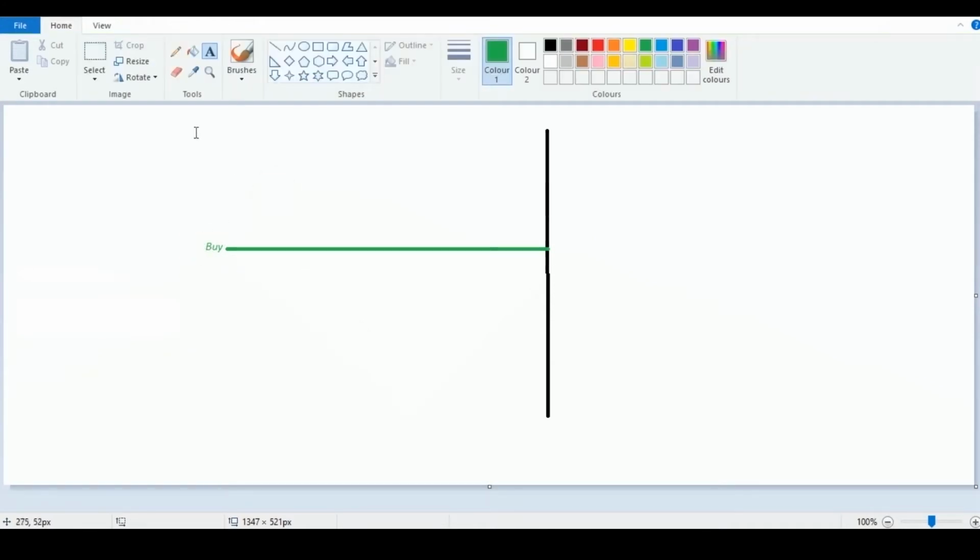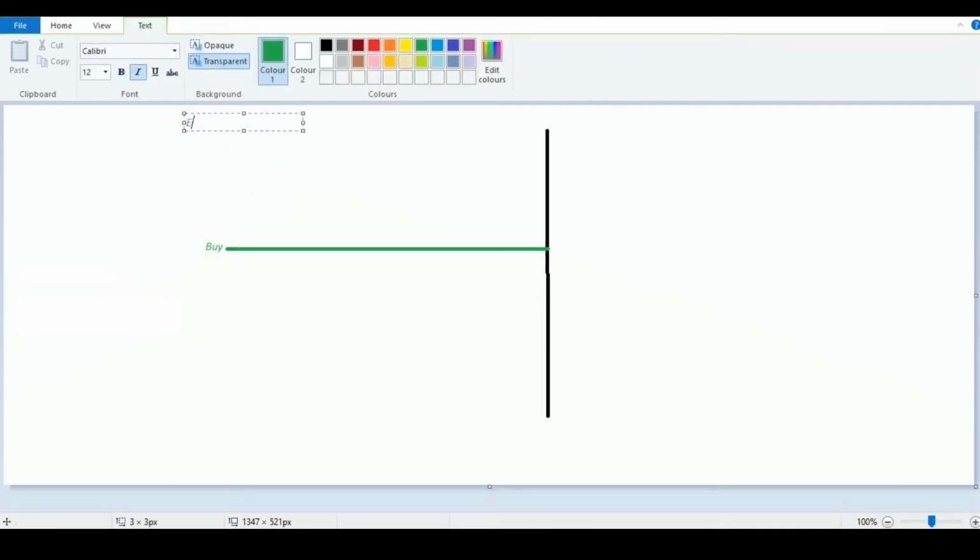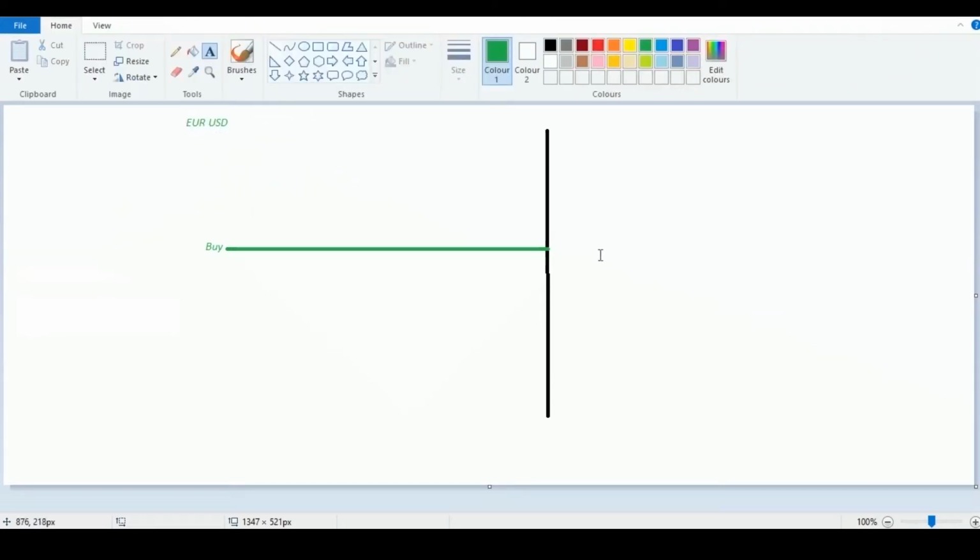So, for example, if we are looking at Euro USD, you are saying, I expect to pay more dollars for every 1 euro. So now you are trading the movement of the exchange rate. So if it does move up, you are going to make money.